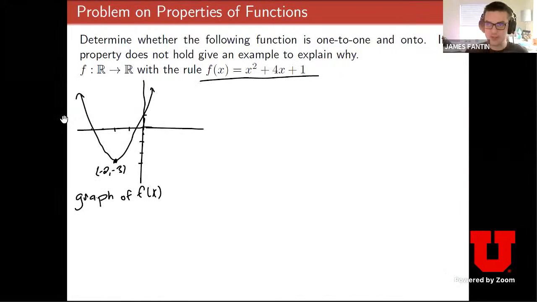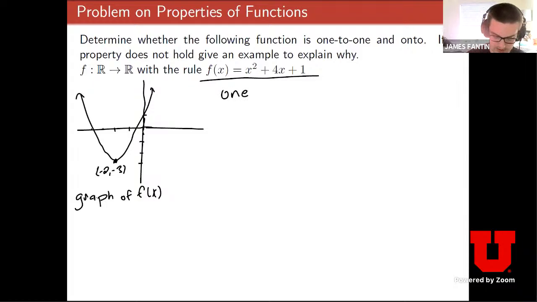Okay, all right. Looks like everyone's back. So hopefully that was enough time to talk a little bit about this problem. What I did is I went ahead and did a very rough sketch here of what the function looks like in general. I think that makes it a little bit easier sometimes when we're talking about these functions to easily see what properties apply. So if you just want to type in chat, let's do one-to-one first.